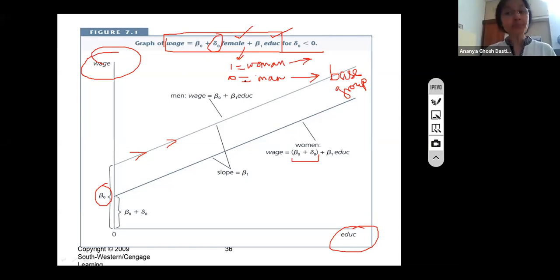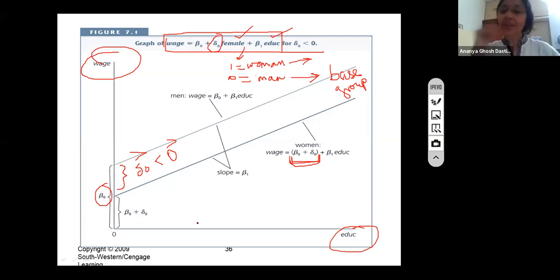And the coefficient of the female dummy is actually the difference between the intercept for the male and the female group. What is the female intercept? The female intercept is beta naught plus delta naught, the intercept plus the coefficient of the dummy. So then what is this difference in the intercept? This is delta naught. So clearly in this case, delta naught is negative. So the female intercept is less than the male intercept.